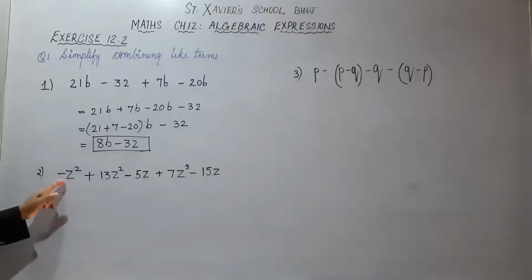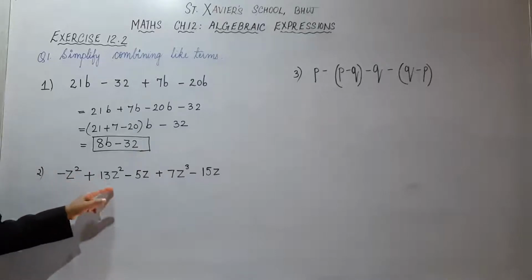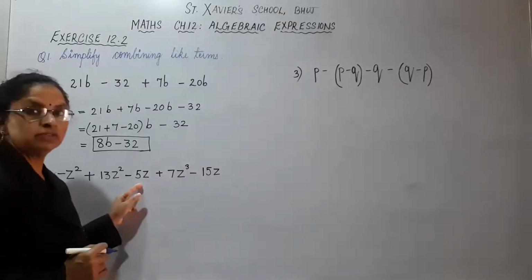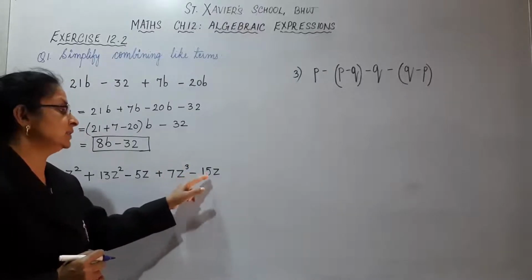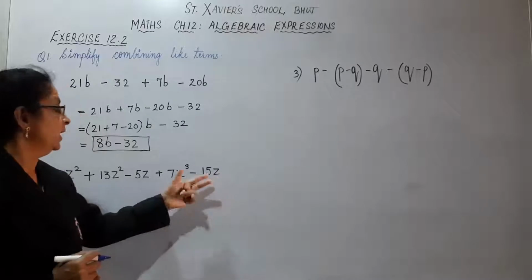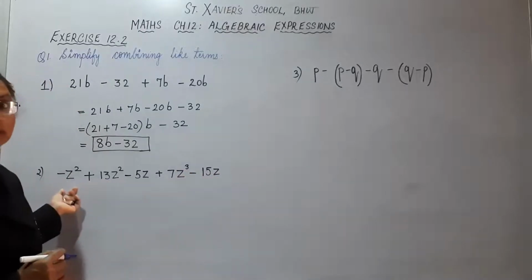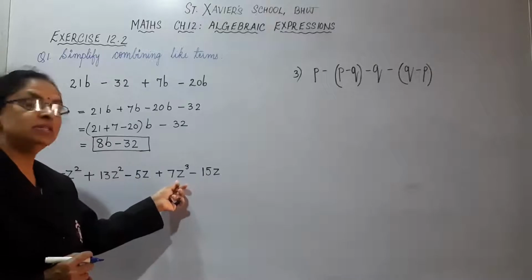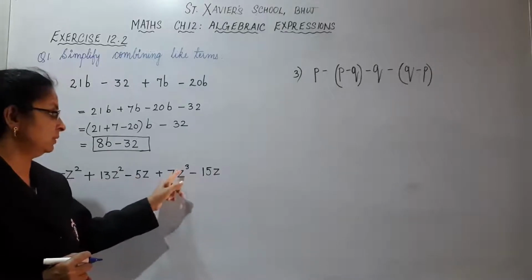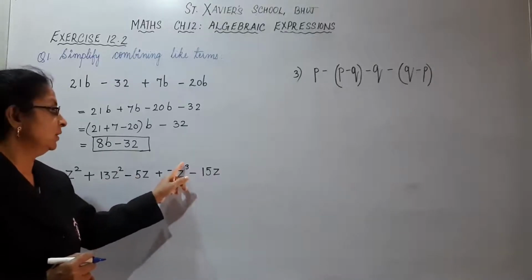Next question. Minus z square plus 13z square minus 5z plus 7z cube minus 15z. Among all these terms, the term having the highest power is 7z cube. The power of z is 3.